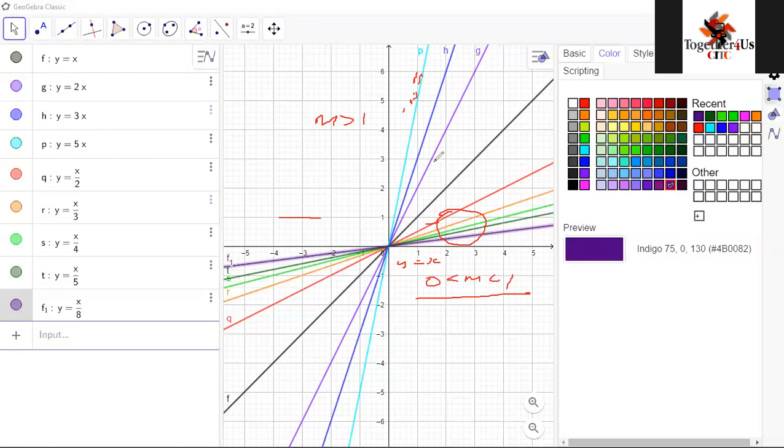That is what I wanted you guys to get about the gradient: how steep the line is, how close it is to the x-axis or how close it is to the y-axis, depends really on the size of the gradient. That is the important thing that I want you guys to get out of this.